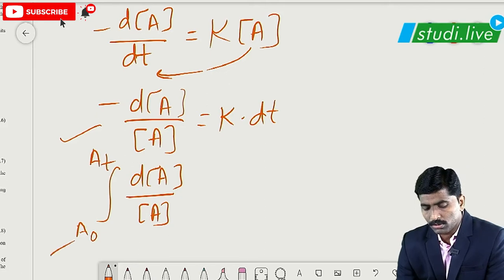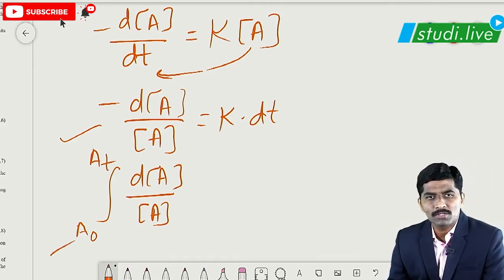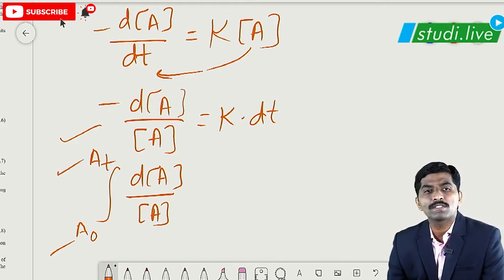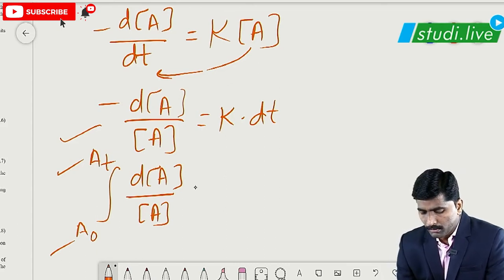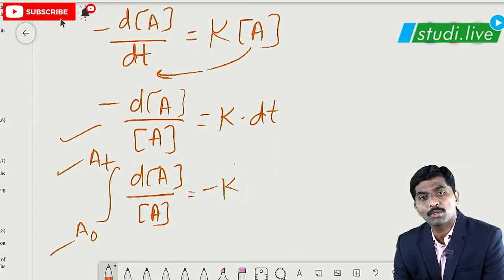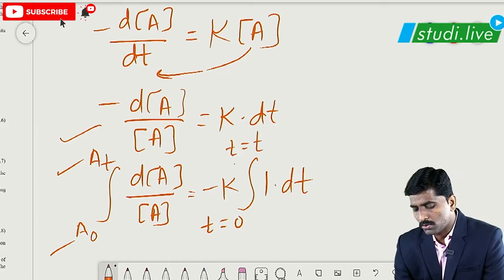Now what is A0? A0 is our initial concentration, that is at time t equals 0, and At is our final concentration or concentration at any other time instant t. Similarly, negative sign I will transfer over here, minus of k being constant will come out of the sign, integral 1 into dt between the limits t equals 0 and t equals t.